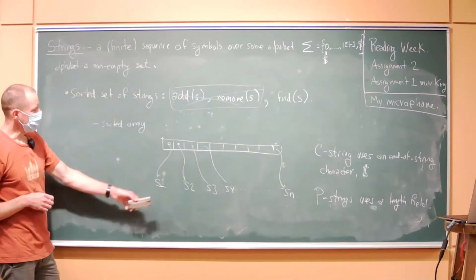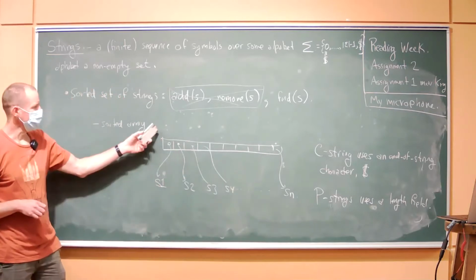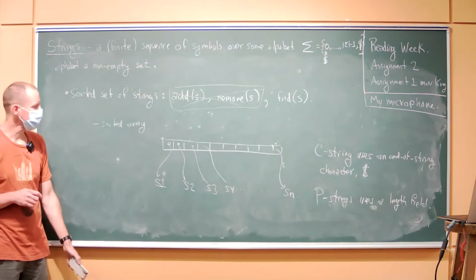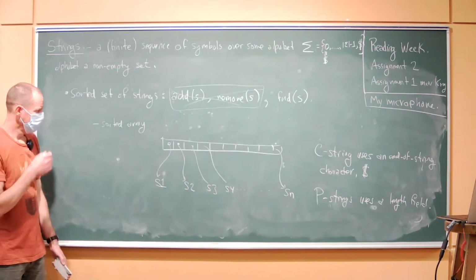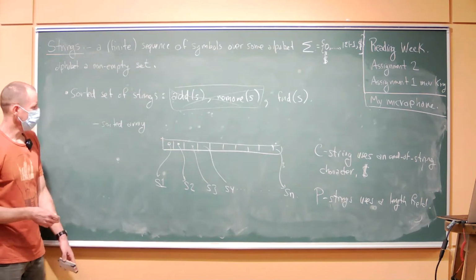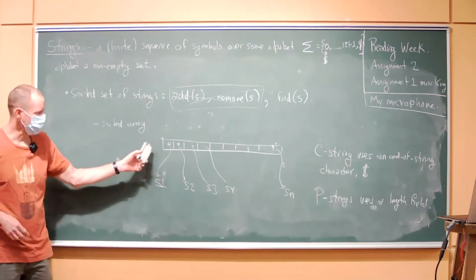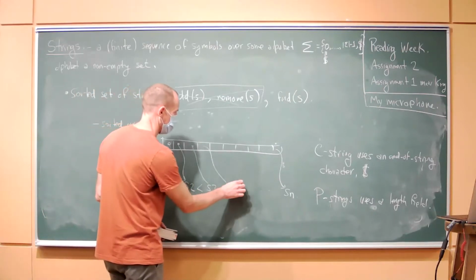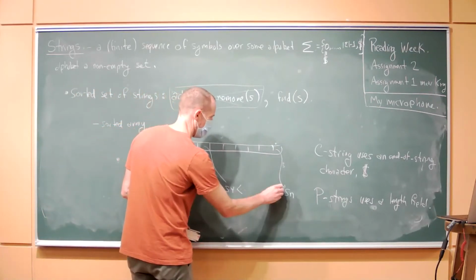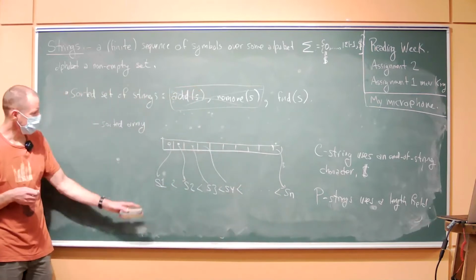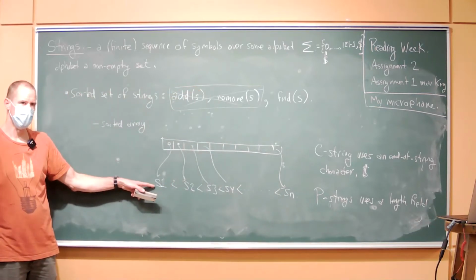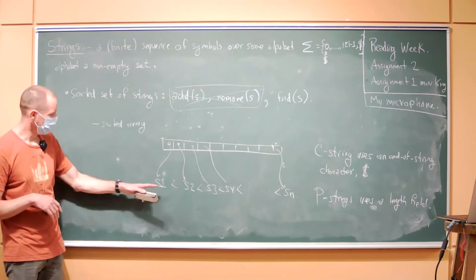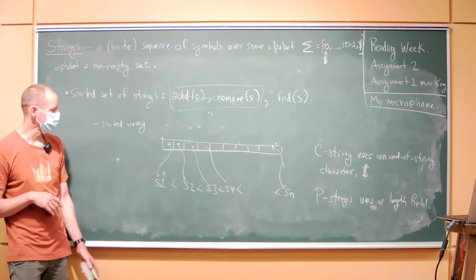And if these are C strings, that's all you've got. And if they're P strings, you have a parallel array that has the length of each of these strings. All right, so you store your strings in sorted order this way. So S1 is less than S2, is less than S3, is less than S4, and so on. And by less than, I don't mean the length is less than. I mean that when you start comparing their characters one at a time, the first tie is broken with S1's character appearing before S2's character.